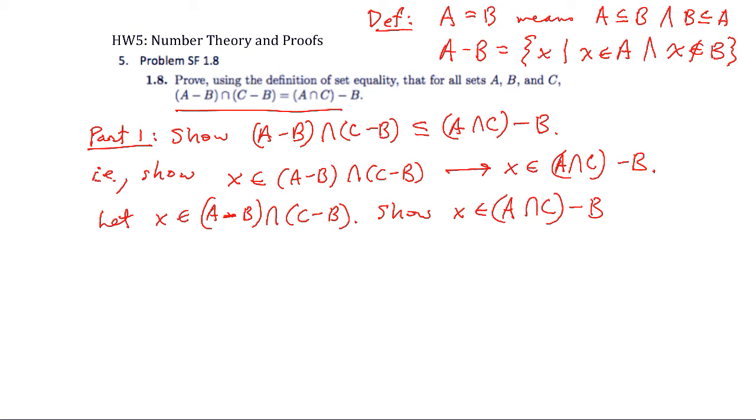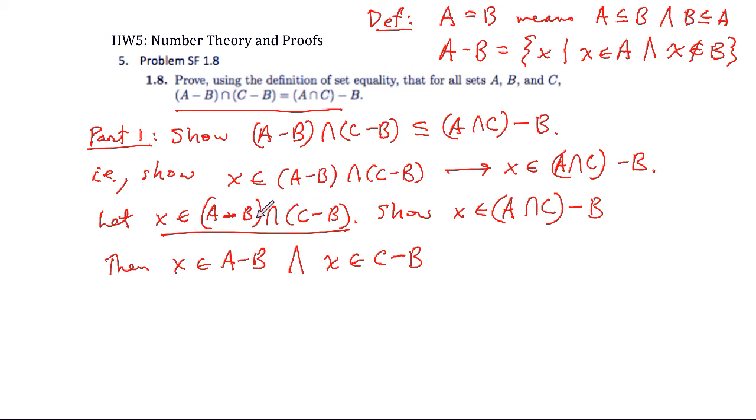Well, if X is in this, then X is in both of them. X is in A minus B, and X is in C minus B. If X is in an intersection, then it's in both of them, so I have that with an and sign here.